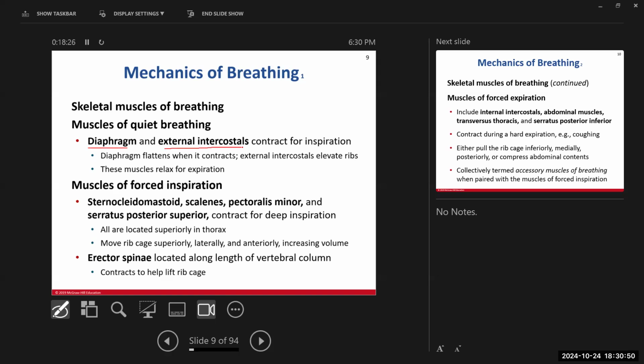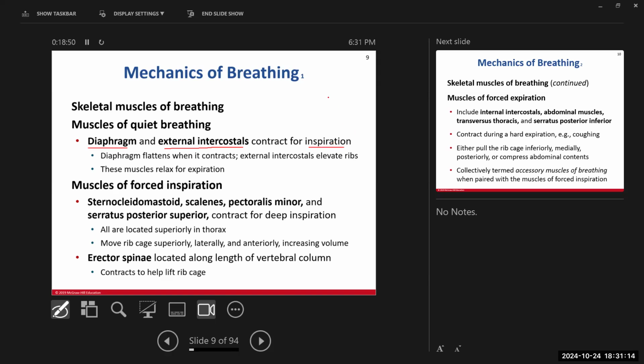So with quiet breathing, inspiration is an active process, expiration is a passive process. It's like when you contract a muscle versus when you relax a muscle. So when we're taking a breath in, the diaphragm and the external intercostals are going to contract.